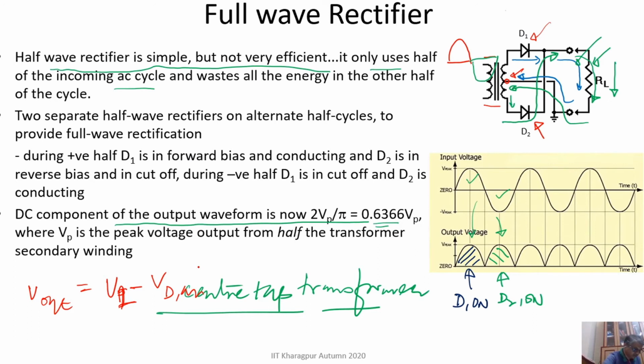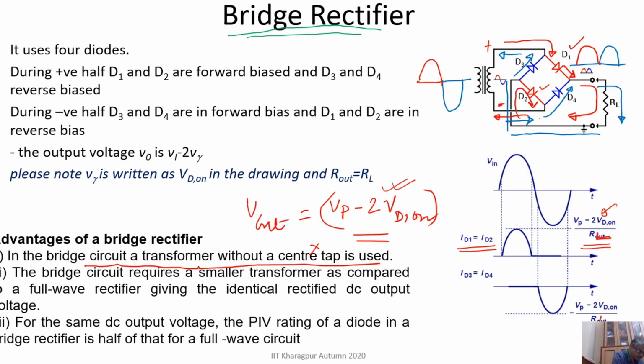Whereas here it should be Vi, not Vp. It should be Vi minus 2 Vd on, that is the voltage drop across 2 diodes, or 2 V gamma, whichever way, I have written 2 V gamma here.